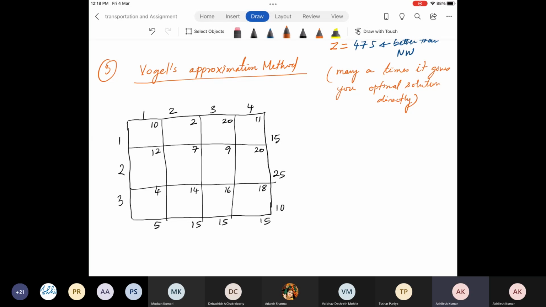So in this method, what we do, we find the row penalty in every iteration. So I will write row penalty here.